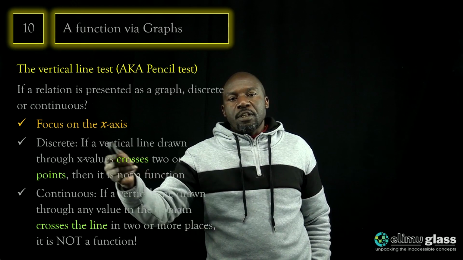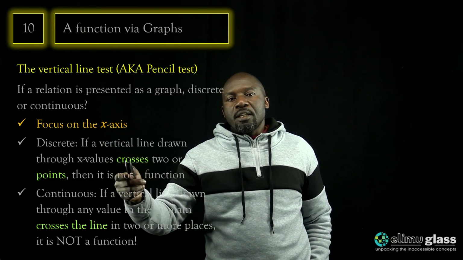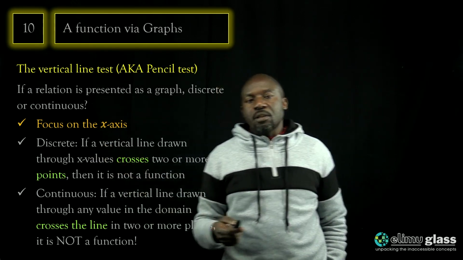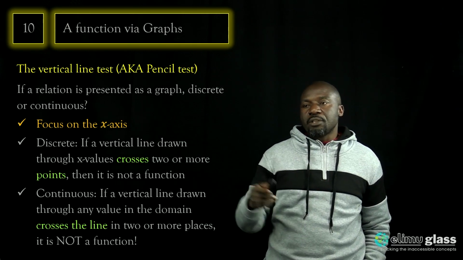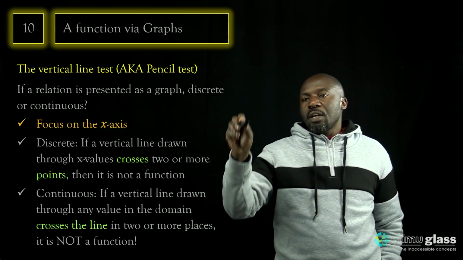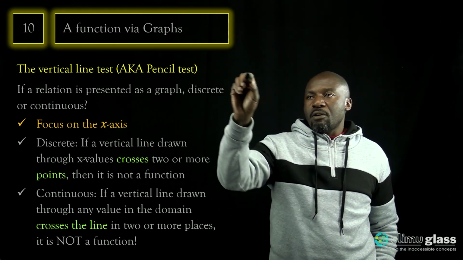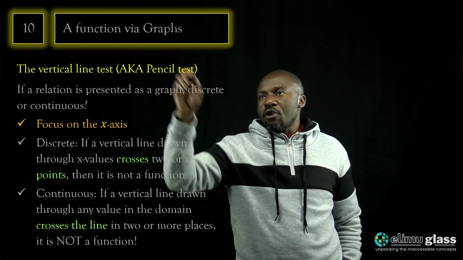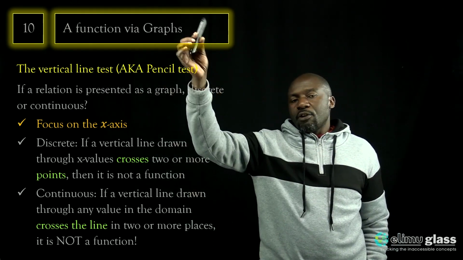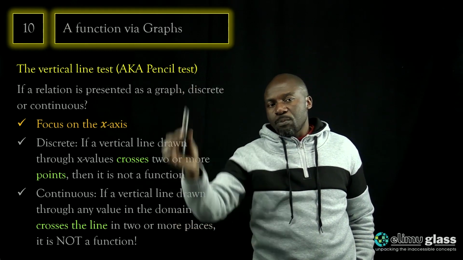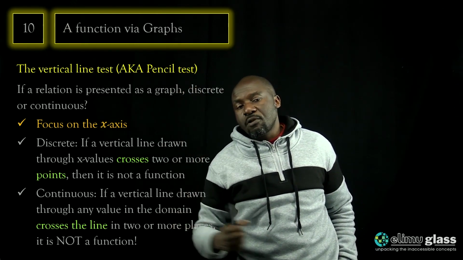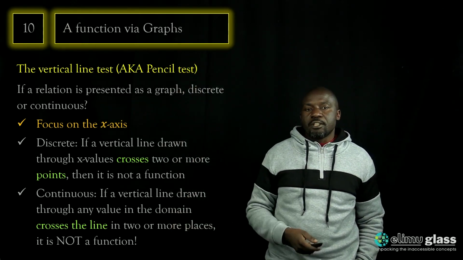If it is a discrete function, remember what a discrete function is. A discrete function, if it is a graph, is just points on the grid. So if a vertical line crosses or touches two or more of those points at the same time, then it is not a function.